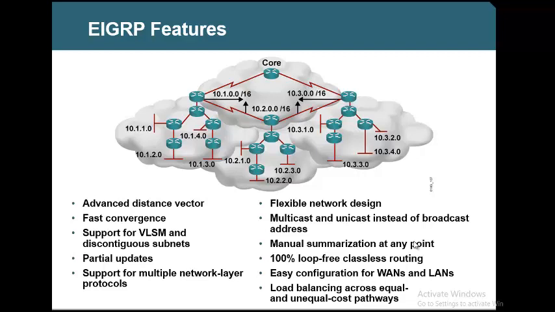Not only RIP, even EIGRP advertises the network and the metric to reach the network and the gateway via which the network can be reached. Same like RIP, it advertises the next hop and the metric. So this is also a distance vector protocol.